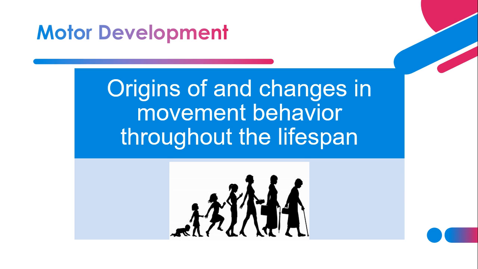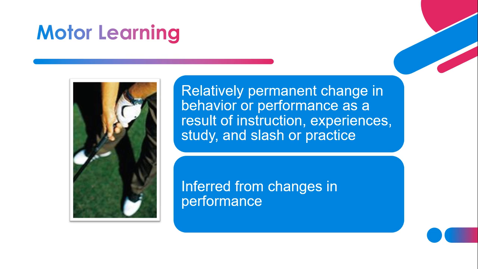Motor development looks at the study of the origins of and changes in movement behavior throughout the lifespan. There are many theories that have been advanced to explain the process by which motor skills are learned and controlled. These theories help researchers formulate models to illustrate how learning occurs. Models developed from these theories serve as frameworks for professionals.